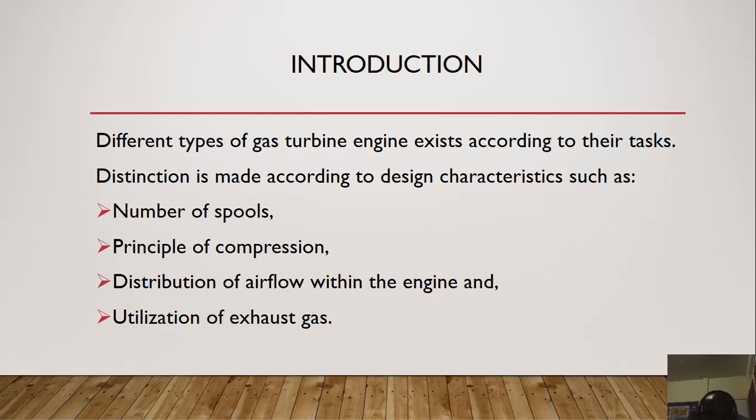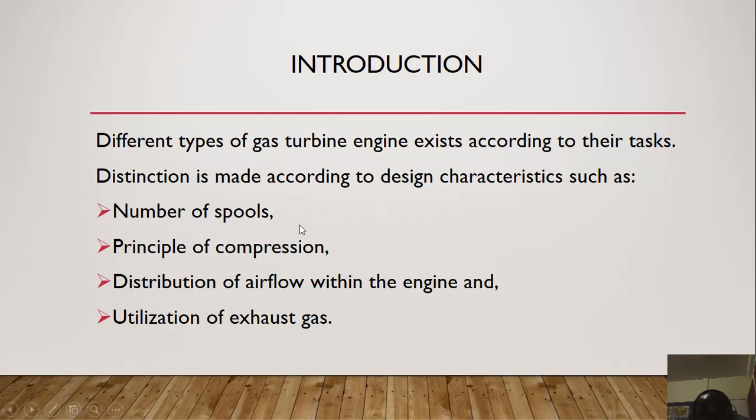With our introduction, we see that we have different types of gas turbine engine, and they exist according to their tasks. So how do we make a difference? It's because of the design characteristics.